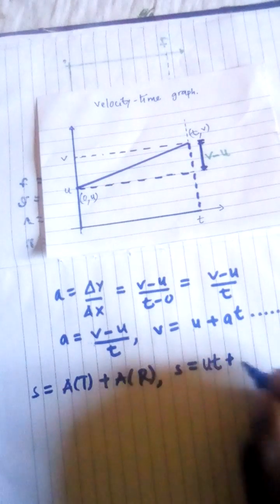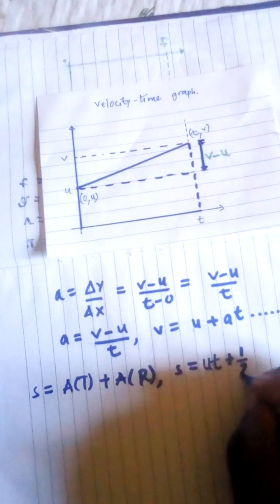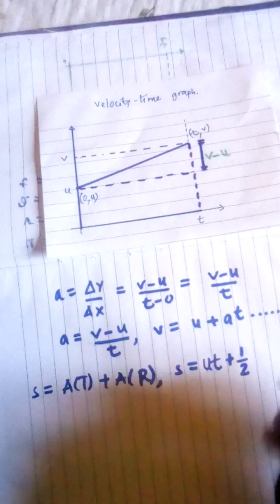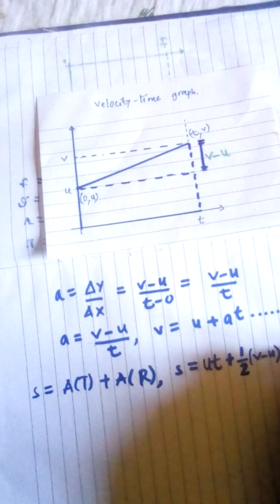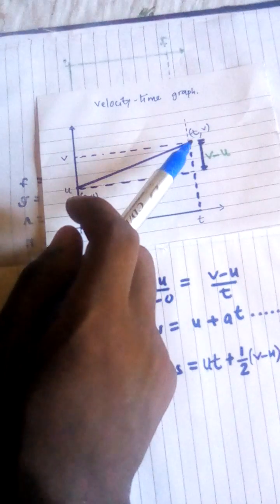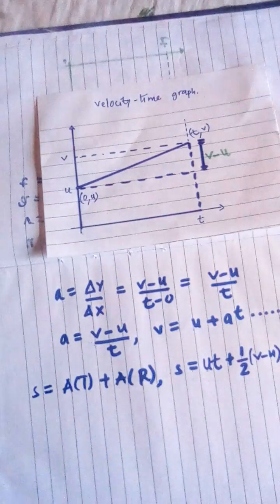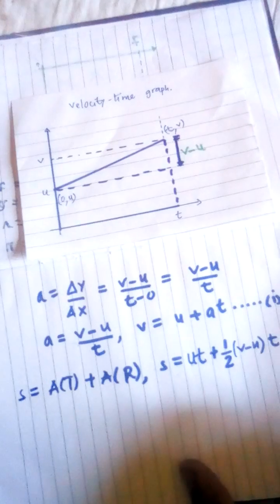Then we add the area of the triangle, which is half the base t multiplied by the height, which is v minus u. The height is this, and the base is represented by the time. So yes, simple like that.